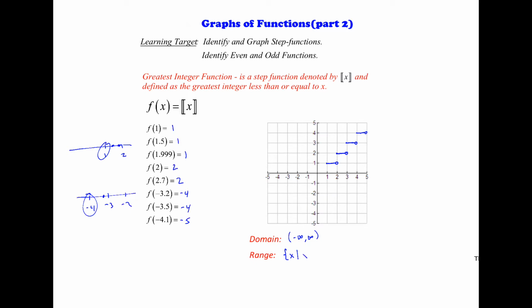So we say x is an element of the integer set. And if you remember the integer set, it's the Z. I'll do my best one here I can. And that's what it looks like. So the way we can read that is the set of all x such that x is an element of the integers.